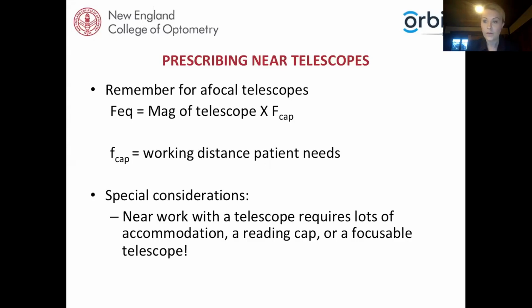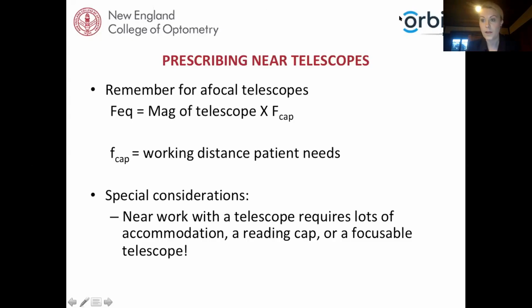And then the equivalent power that I will get out of the system will be the power of the cap multiplied by the magnification of the telescope system I'm using. So the distance is really what's going to determine the cap, and then the power of the telescope and the cap together are going to provide you your magnification to prescribe.